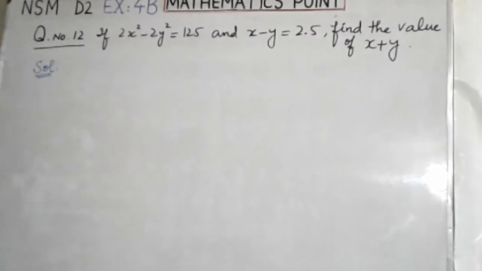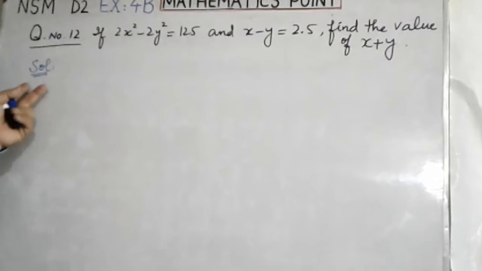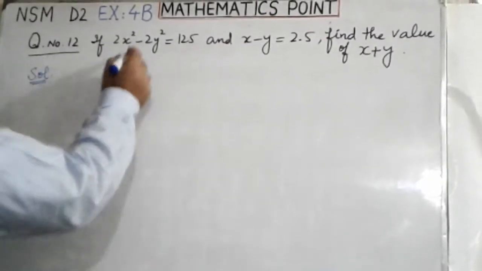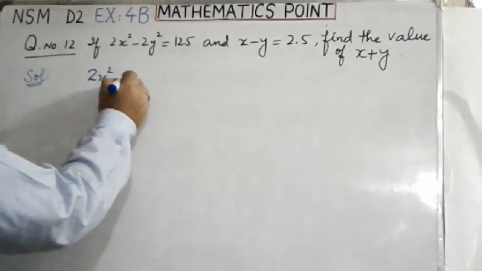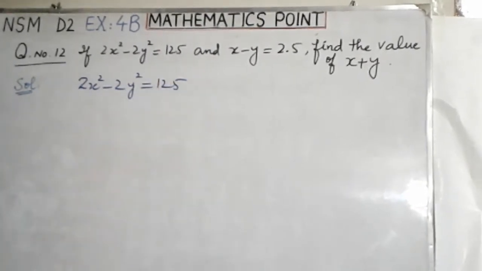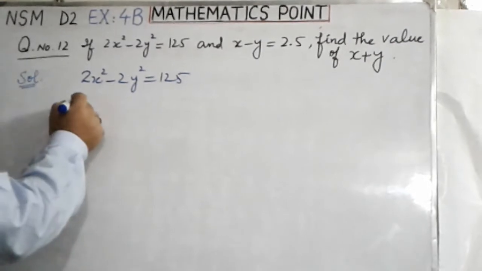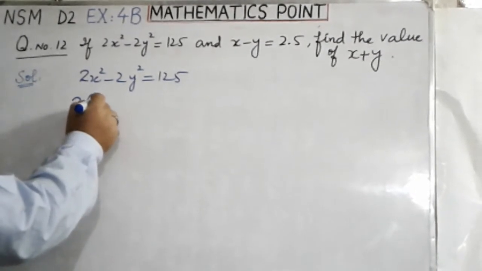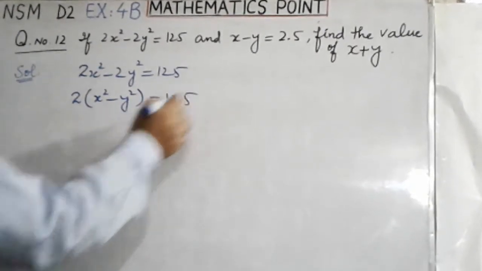So in this question we start the solution by using the given information: 2 into x square minus 2y square is equal to 125. Now students, taking 2 as common on the left hand side, we have 2 into x square minus y square is equal to 125.